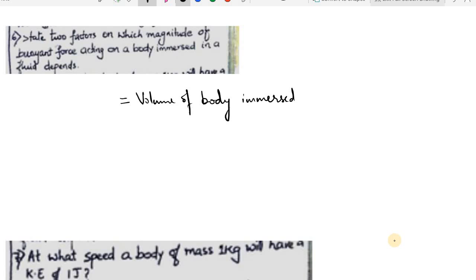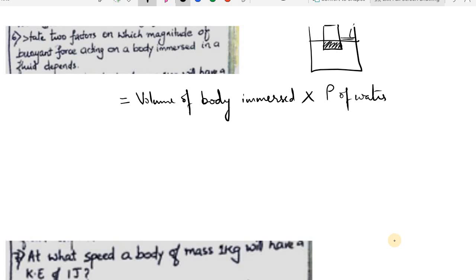Suppose there is a fluid, and I immerse a body in it. The volume of the part that is immersed, that is the volume of the body immersed, will be equal to the volume of the water that is displaced, and that times the density of the water.